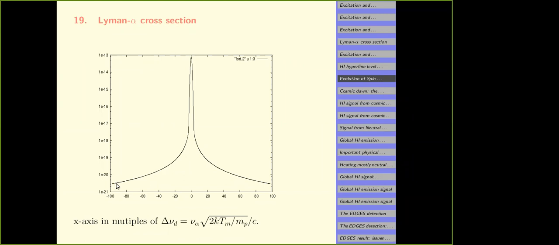But suppose delta nu D by nu alpha is roughly 10 to the power minus 5. So it's a very small number. If I produce a photon which is, suppose, 80 minus 80 or plus 80 on either side, redward or blueward of the Lyman alpha, it will free stream into the medium.